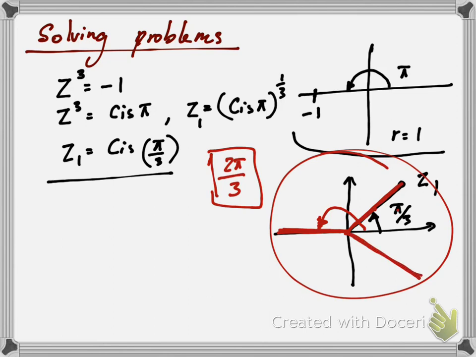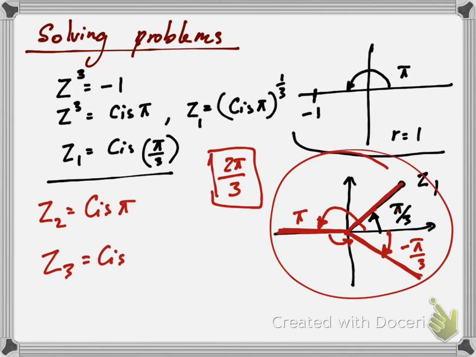Now the angle is there, but you can't use that angle. The angle has to come from the x-axis, moving down like that, and so that'll be negative pi over 3. So your other two solutions will be z2 equals cis pi and z3 equals cis negative pi over 3.